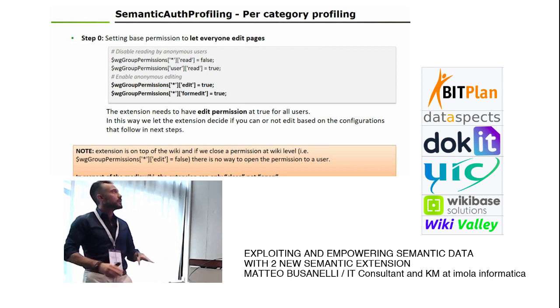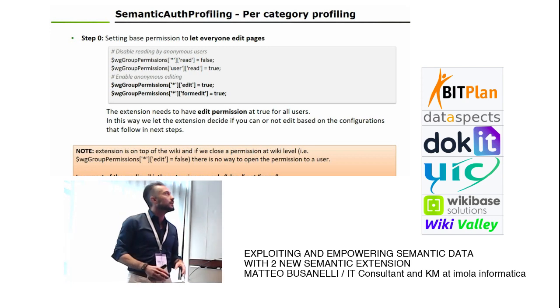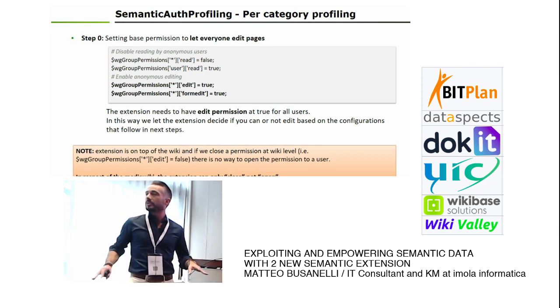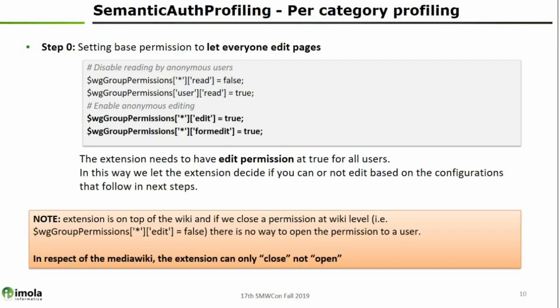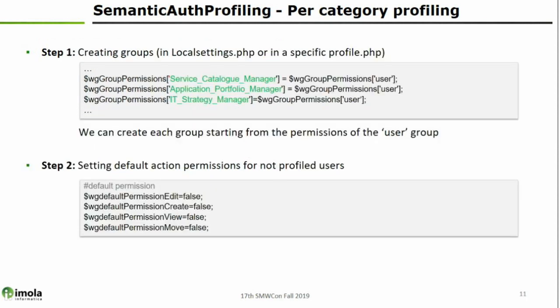So if we say everyone can edit pages, the extension can't grant edit to someone else based on the configuration. So we had to trust the extension, in this case, and open this kind of permission for having the extension effectively manage this kind of permission.